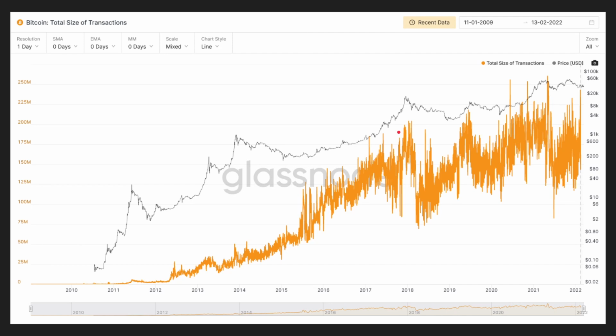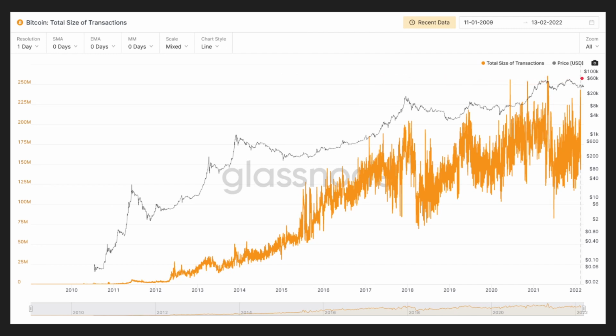Next up, we're taking a look at a chart of total size of transactions. Here we see the general size of the transactions has greatly increased, right? So more and more Bitcoin is actually being sent, and this could be in terms of dollars, this could be in terms of just the Bitcoin itself. As we could see, more and more is being transacted.